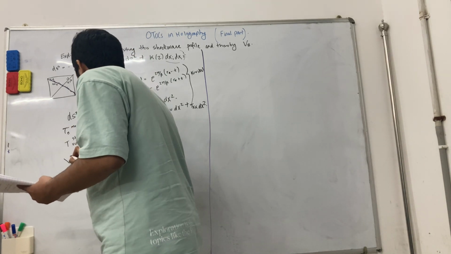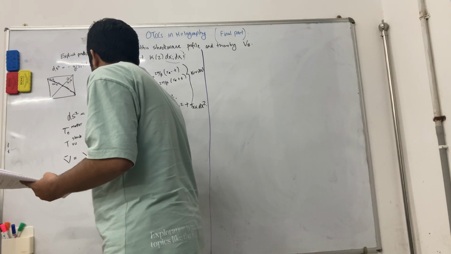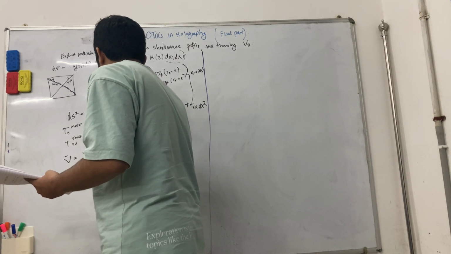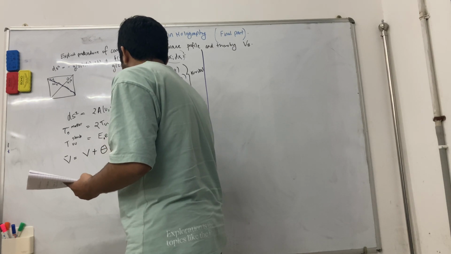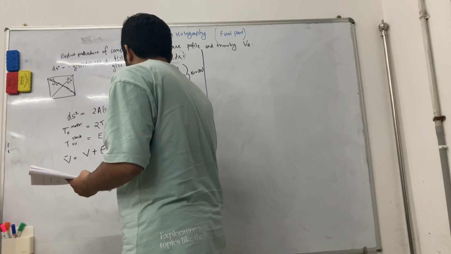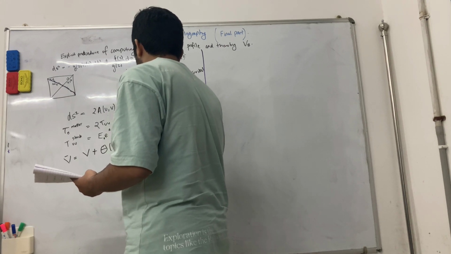So my V bar would be my initial V plus the Heaviside step function of U times this profile that I was calling the shockwave profile.